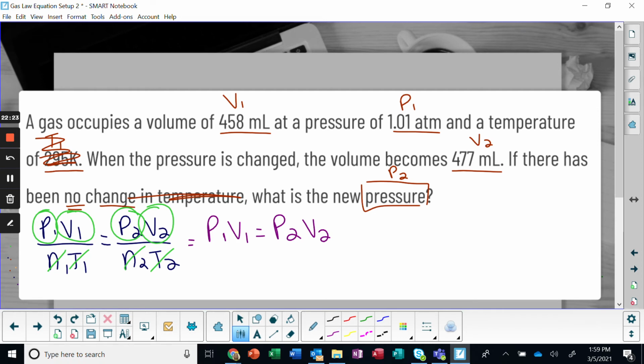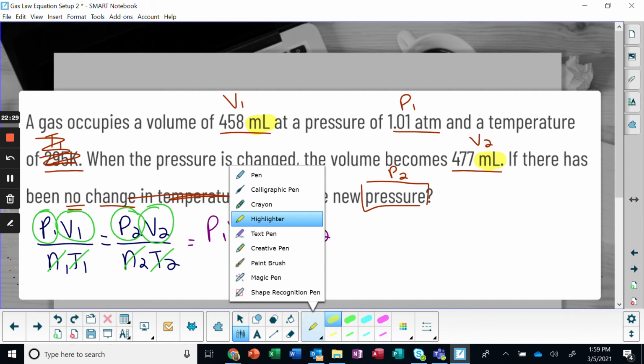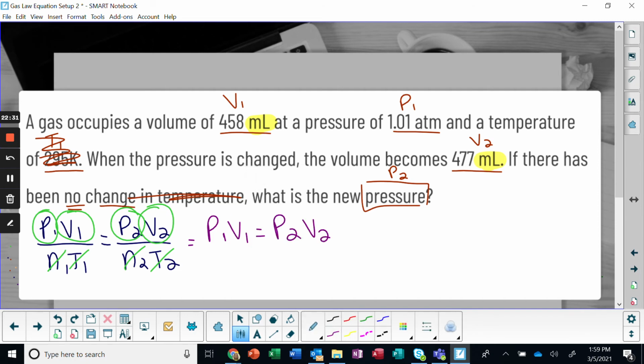Currently my volume is in milliliters, if you notice. So all I gotta do is take it out of milliliters by moving the decimal place left 3 times. So here's my decimal, 1, 2, 3. So V1 is equal to 0.458. 1, 2, 3. 0.477. All right, plug it in and solve.